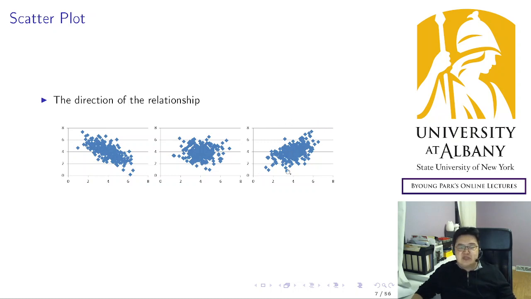We call this a positive relationship: when the horizontal axis increases, the vertical axis also increases. But this case is negative: the horizontal variable increases, but the vertical axis variable decreases. And in the middle is nearly no linear relationship.